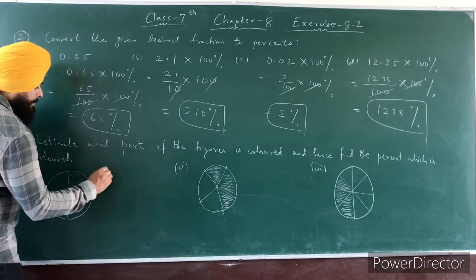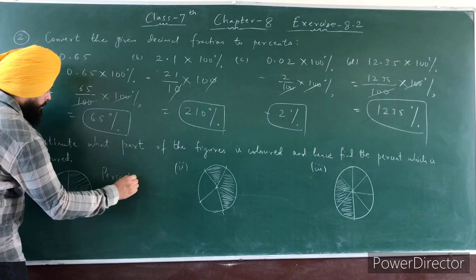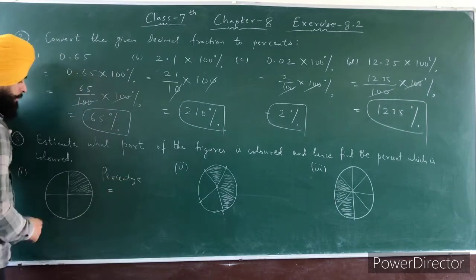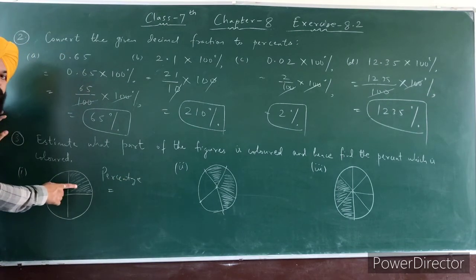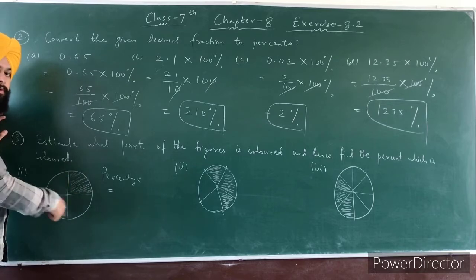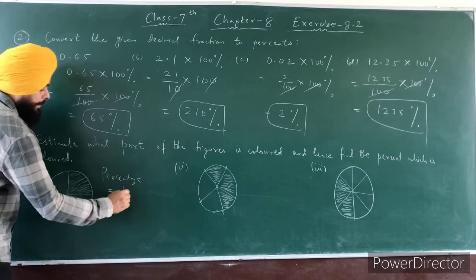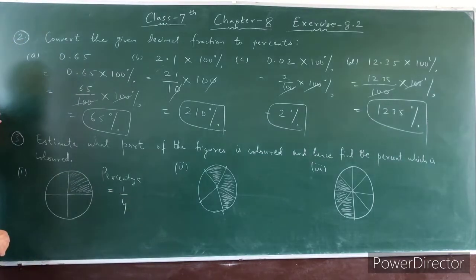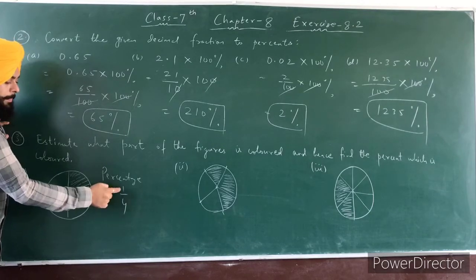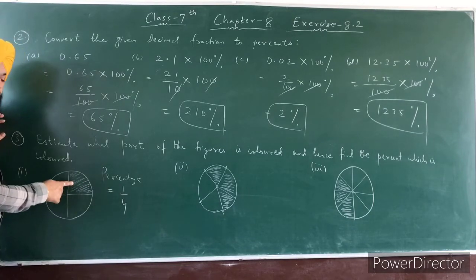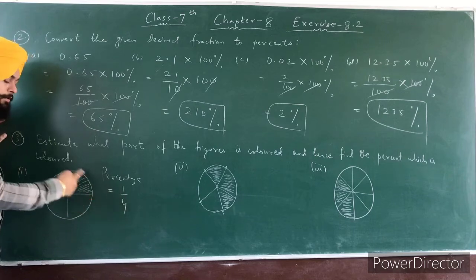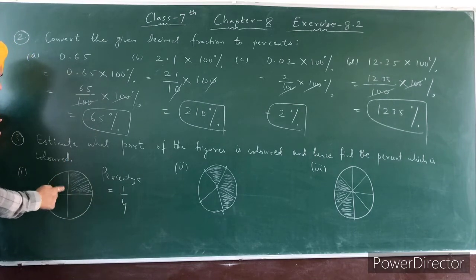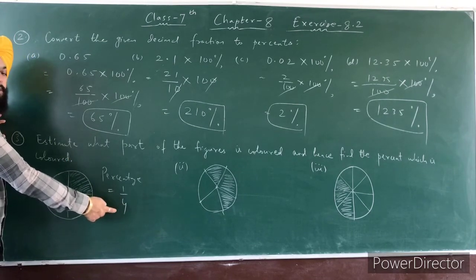So what is the percentage? We can see here only one portion is shaded out of these 4 total parts. So we will write first 1 over 4. We write numerator 1 and denominator 4. 4 is what? The total number of parts. So there are a total of 4 parts, so write it in the denominator.